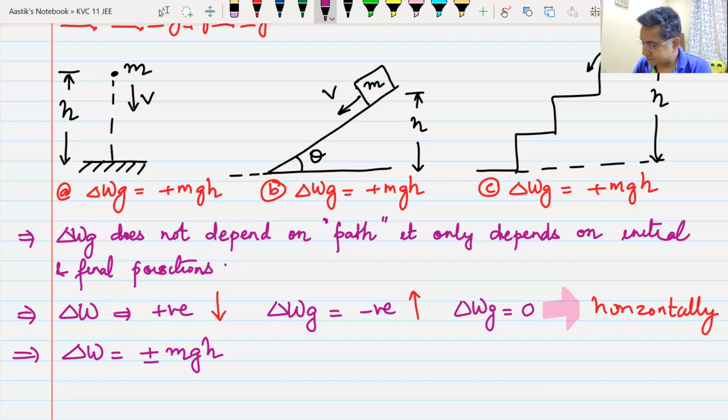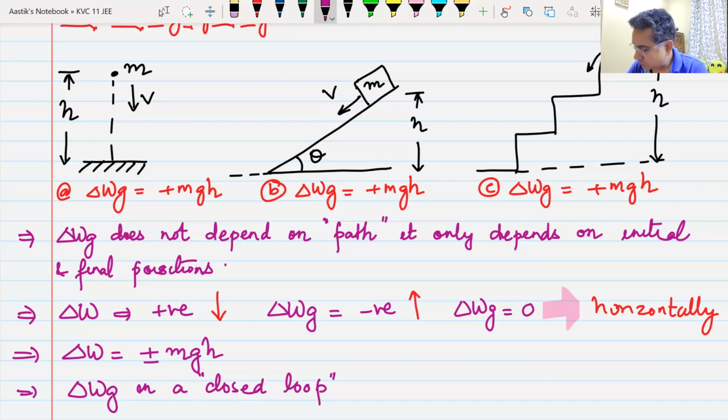Again, work done by gravity in a closed loop. What do you mean by a closed loop? Work done by gravity in a closed loop is zero.